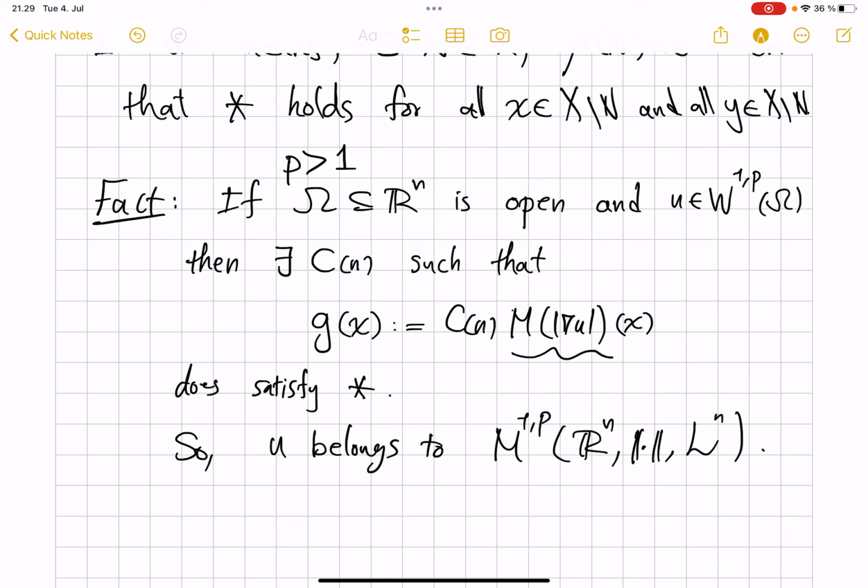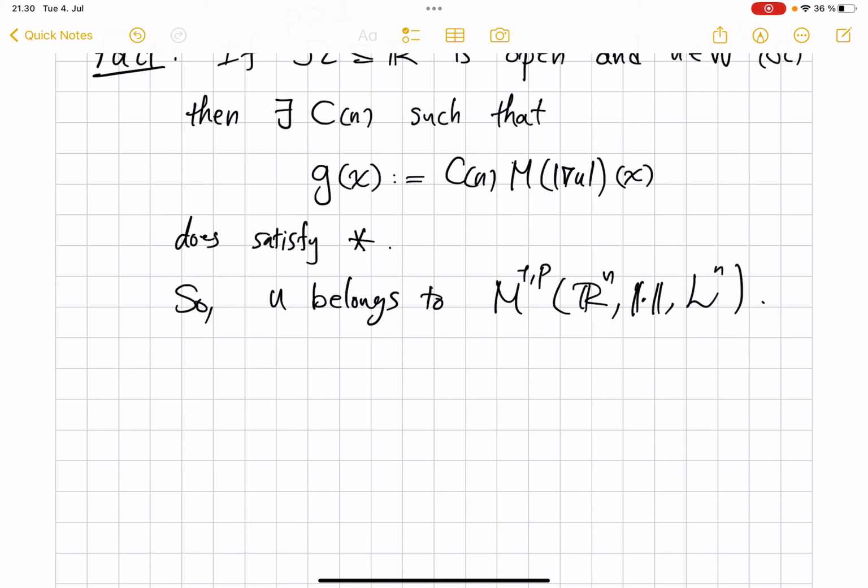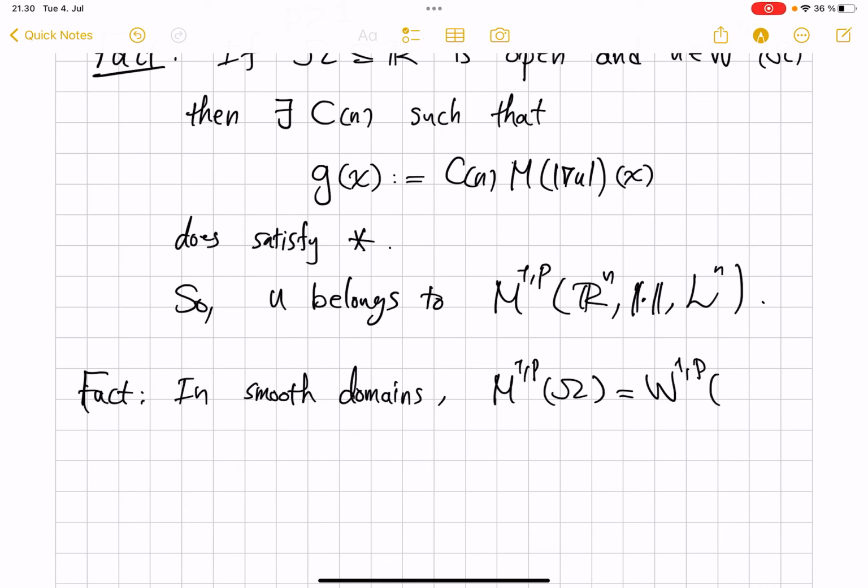And the reverse of this is also true in many domains. So the follow-up fact is that in smooth domains, or maybe even in Lipschitz domains, M^{1,p} is just equal to W^{1,p}(Omega).